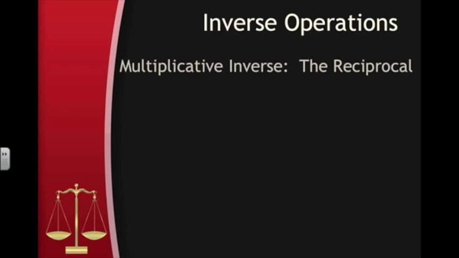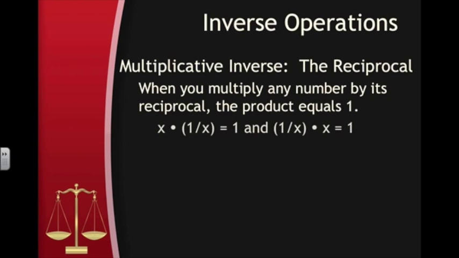We can see the multiplicative inverse in a similar way. The multiplicative inverse is the reciprocal of a number, because if you multiply any number by its reciprocal, the product equals 1, and 1 is the identity for multiplication.